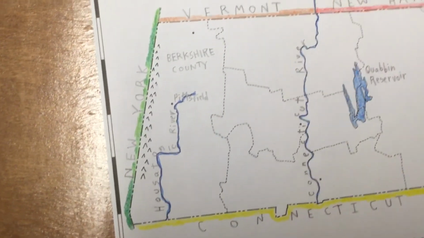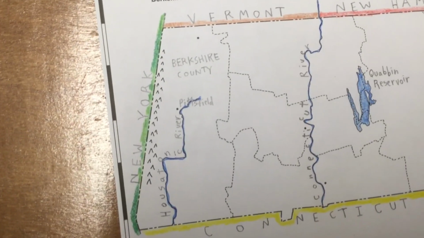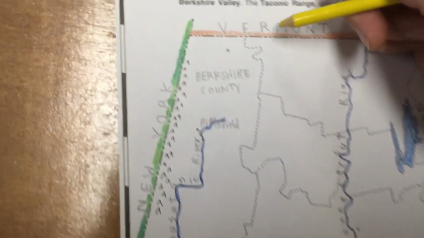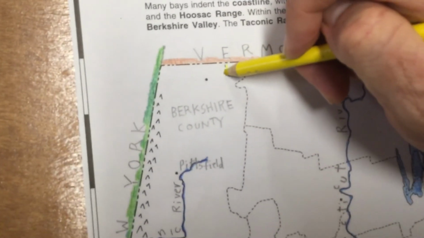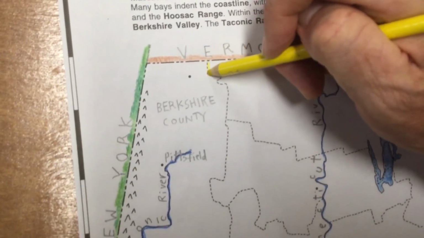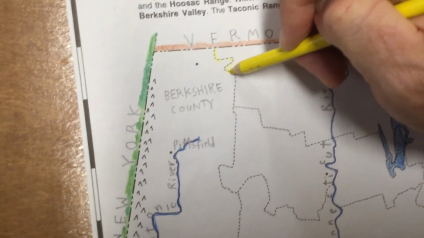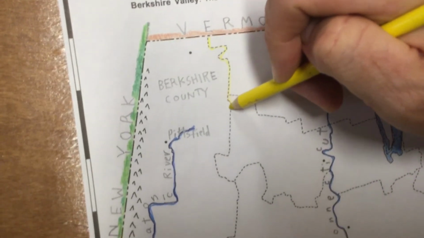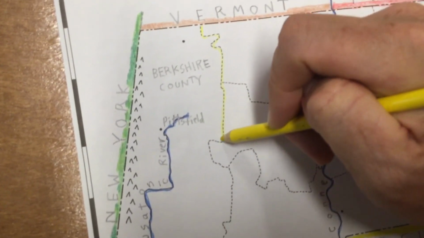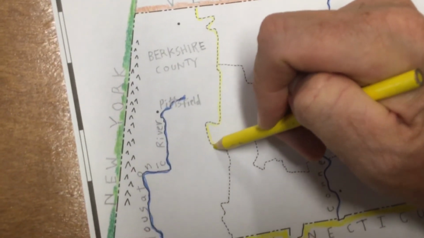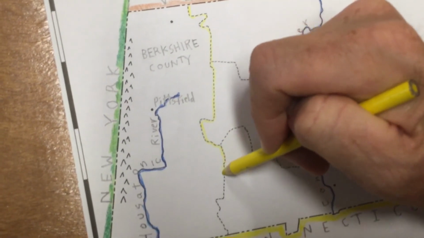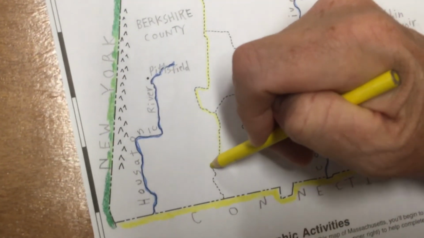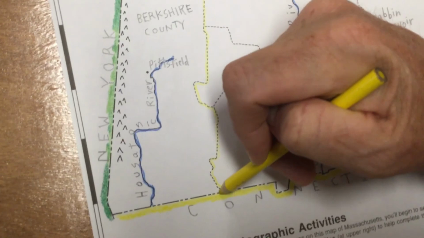Now the county, maybe I'll take a yellow and just highlight that county line just so you can see it. Now let's just talk about what a county is real quick. A county is a big grouping of cities and towns, kind of a region within the state.